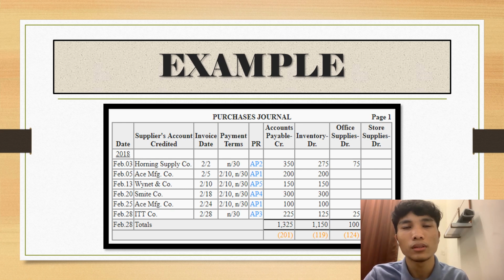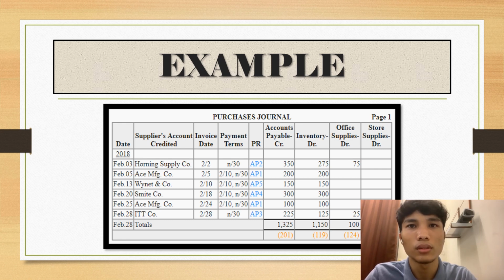The invoice date is when the company purchased on credit from that company. The payment term is n/30 for most, with 2/10, n/30 on some, and the last one is n/30.